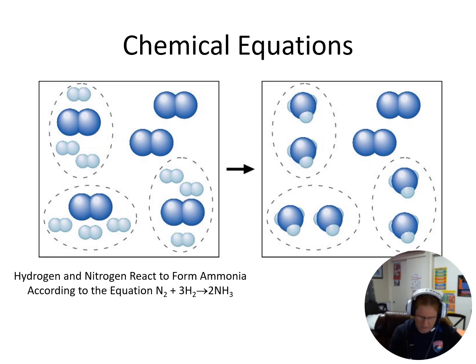Here again, there's our nitrogen and hydrogen, our reactants, and then we get 2 ammonia as our products. So reactants yield products.